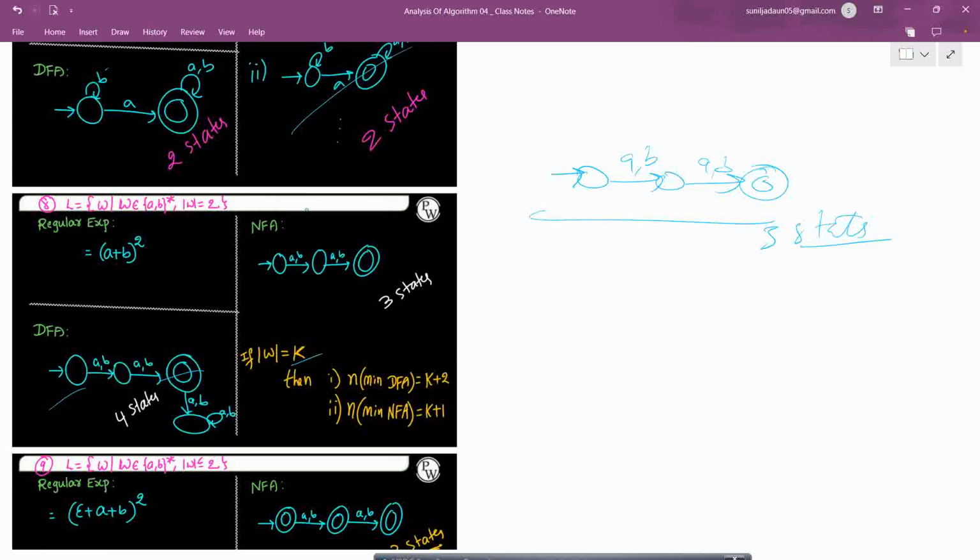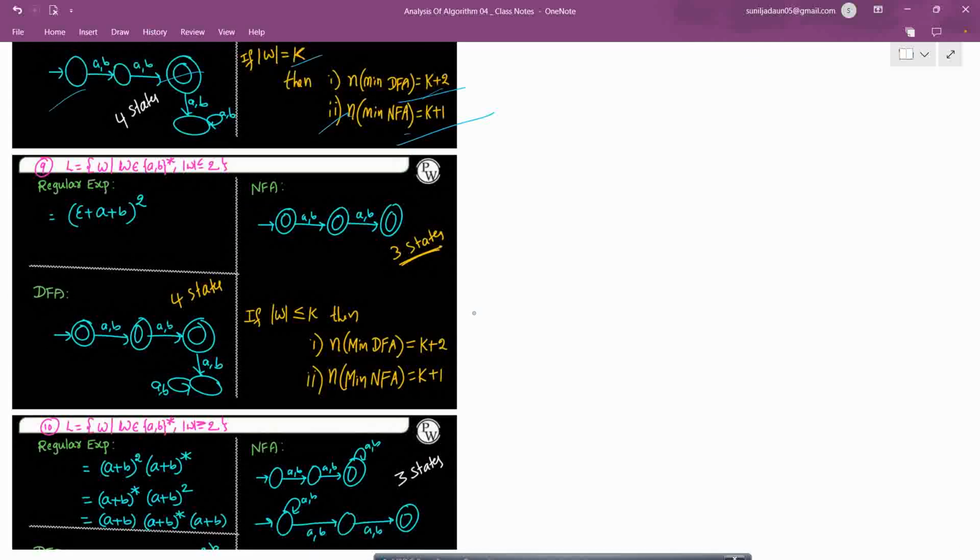If W is equal to 0, then K plus 2, K plus 1 states, all right. Regular expression is this. So what is it saying that epsilon is also possible, but AA, BB, at least 2, I think.